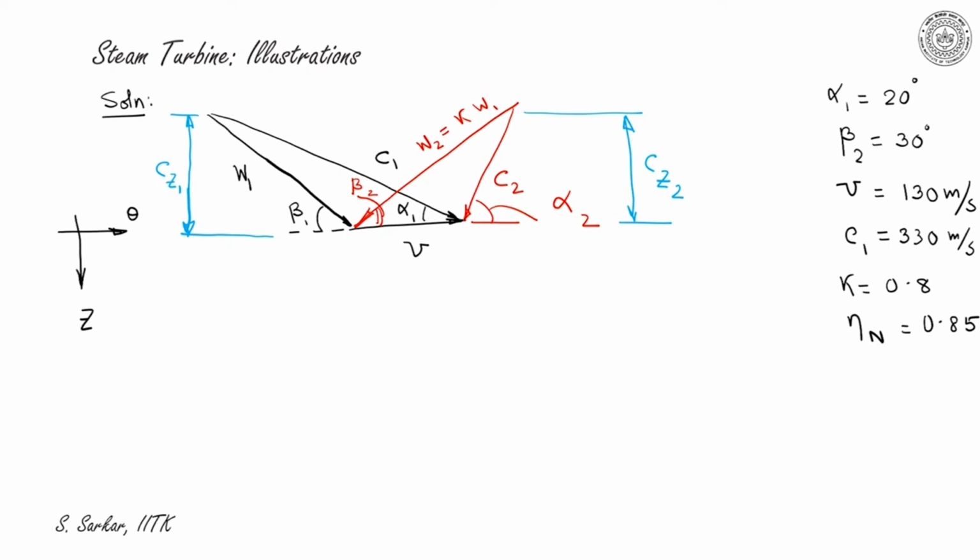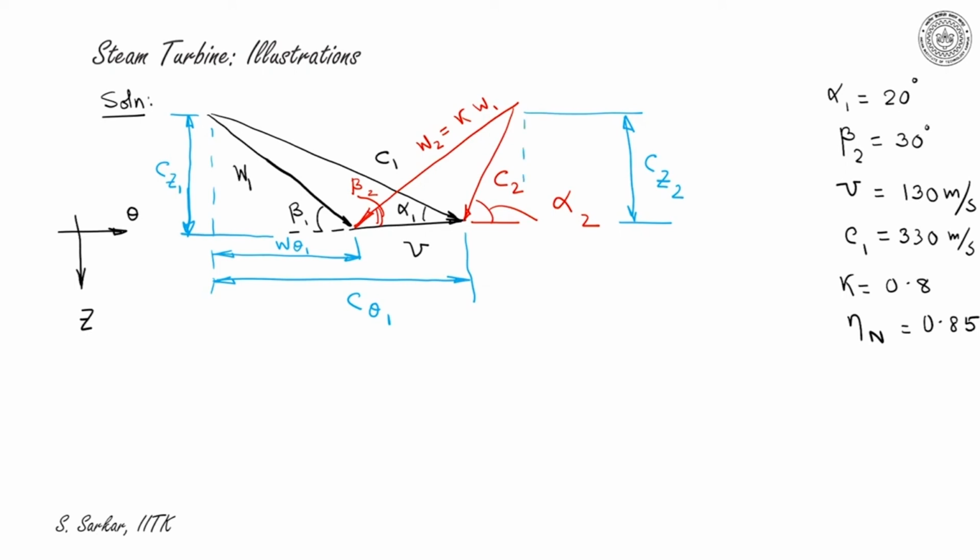Furthermore, considering the inlet velocity triangle, this is my C theta 1, that is the tangential component of C1. Similarly, this is W theta 1. So C theta 1 and W theta 1 I have marked.